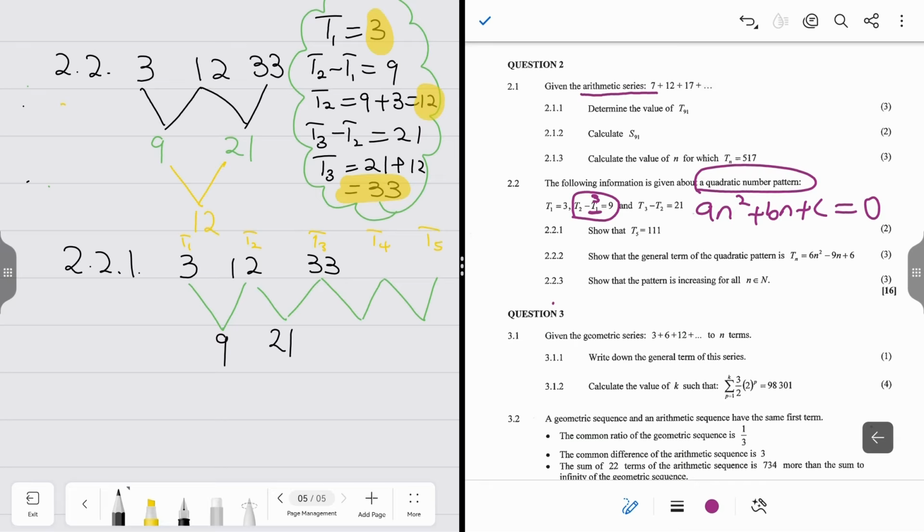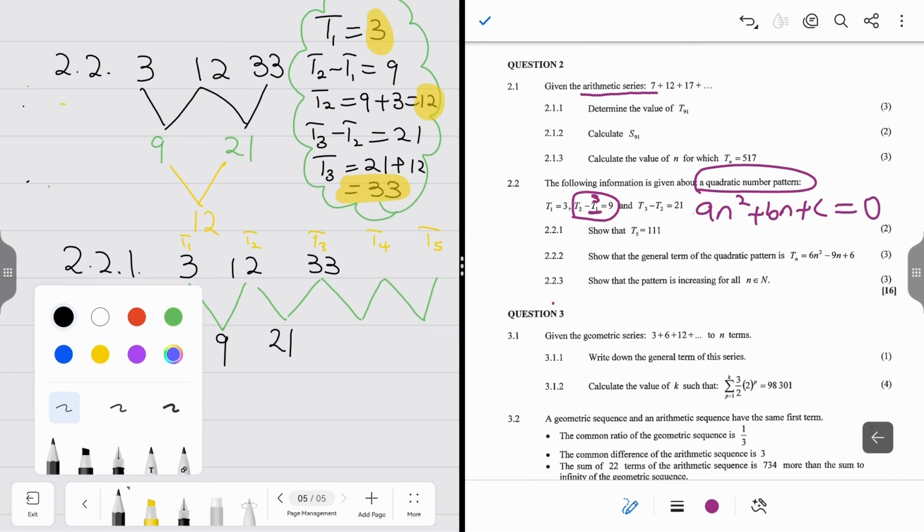But if I say 9 plus 12, I should be able to get 21, right? If I say 12 plus 9, I should get 21, and that applies to the rest. If I go up like that, it should give me the other one. So the question is, how do I get to the ones that are here? How do I know what the other values will be?